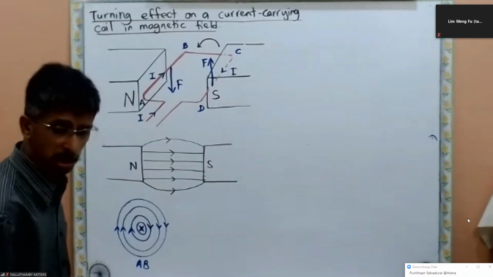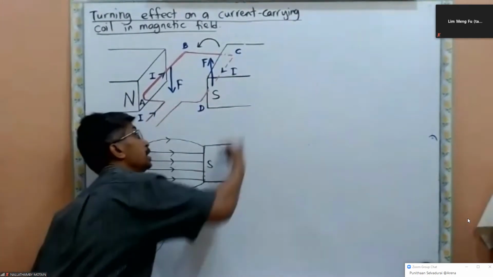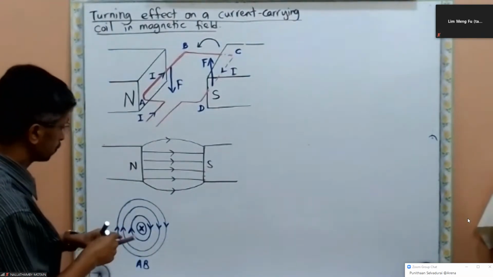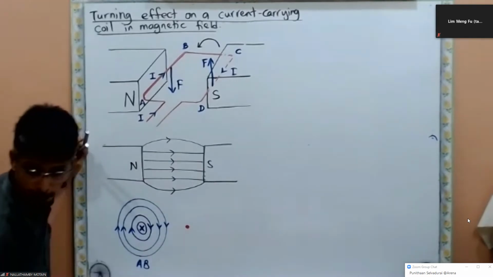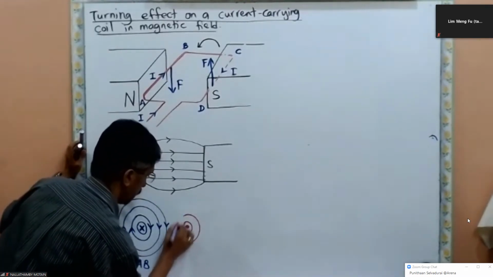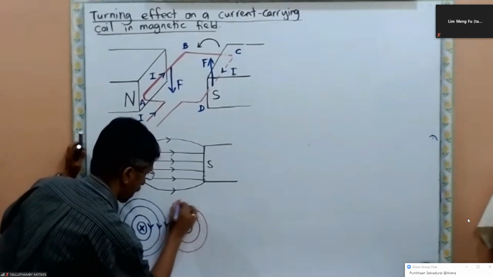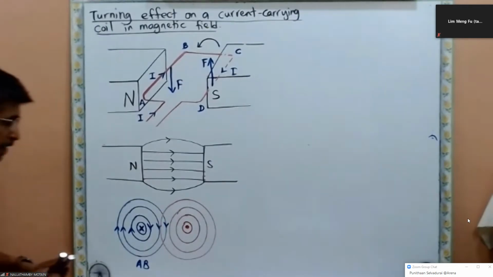Okay, now come to CD. Where is the current? Observing from here, it is outward. If outward, on the right hand side, it is a dot. Then magnetic field, clockwise or anti-clockwise? If dot, current is out.